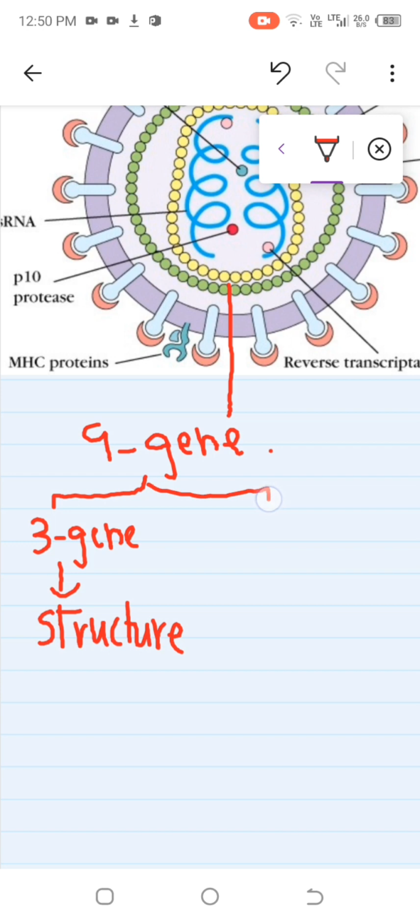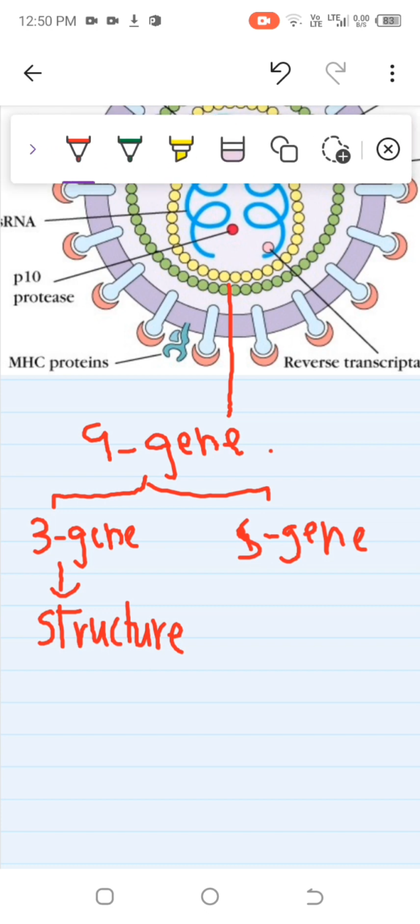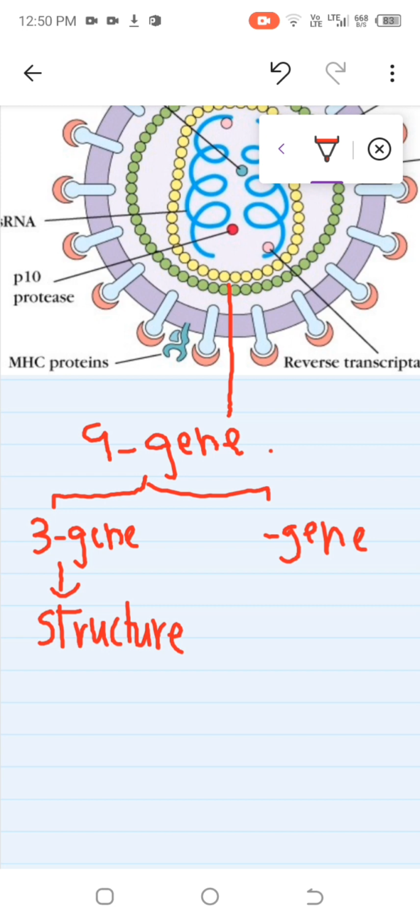However, the remaining 6 genes help in replication.